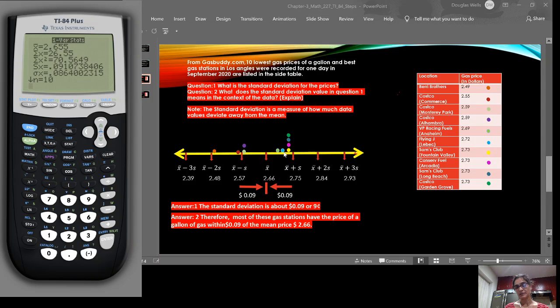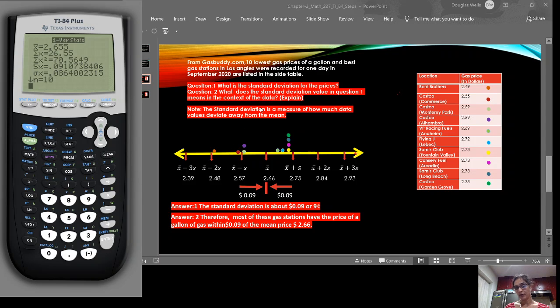The fifth one goes here, the sixth one here. 7, 8, 9, 10, I stacked them up because they were the same. If you notice one thing, 8 out of 10 gas prices lie within 1 standard deviation of the mean. This red dot, the second gas price, is very close. The first one, the cheapest one, is almost within 2 standard deviations of the mean.